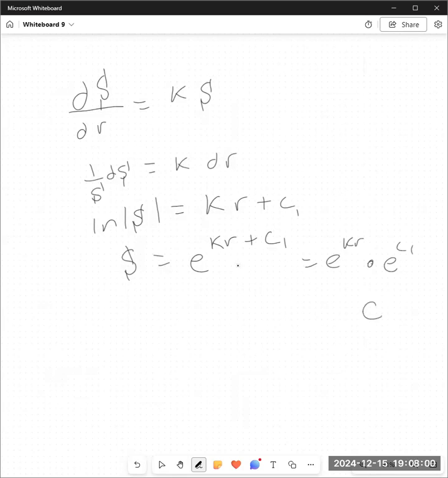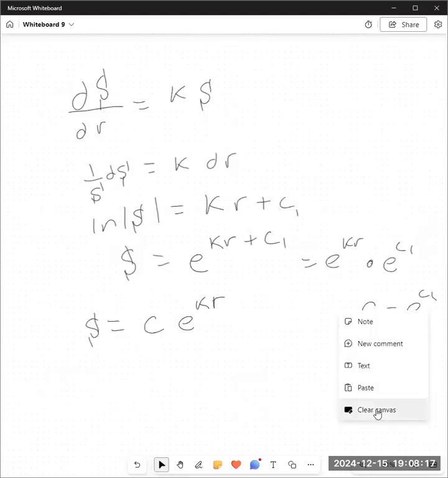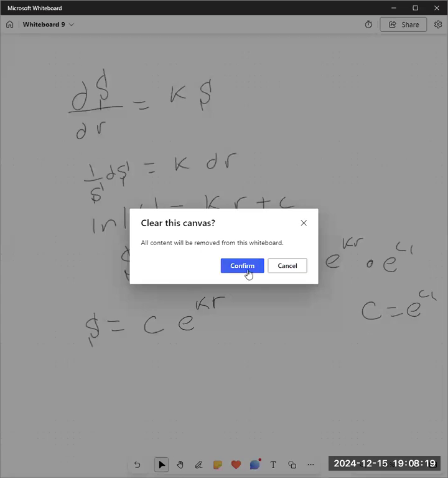And I'll call c equal to e to the c1. So s is equal to c e to the kr. And I'm just going to start doing that when I change stuff to exponential. I'm going to put the c out front like that, because of this way in which the addition changes to multiplication of another exponential, which is a new constant.